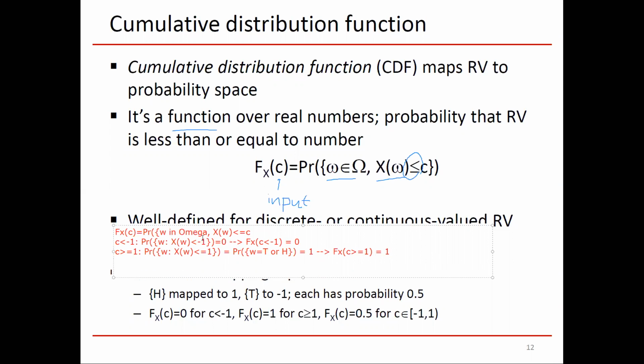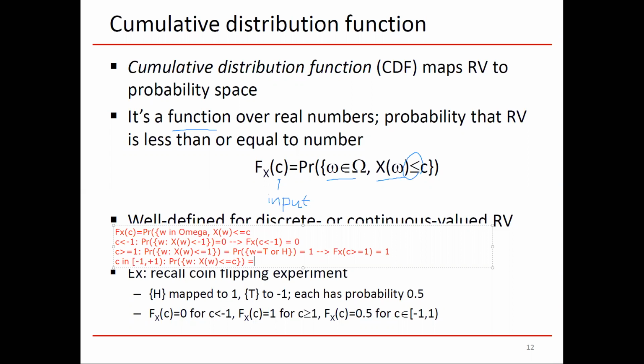What happens in the middle? c is in the interval which includes -1, up to the number +1, not including the +1. In this case, the probability of omega such that X of omega is less than or equal to c. Now recall, c is greater than or equal to -1.